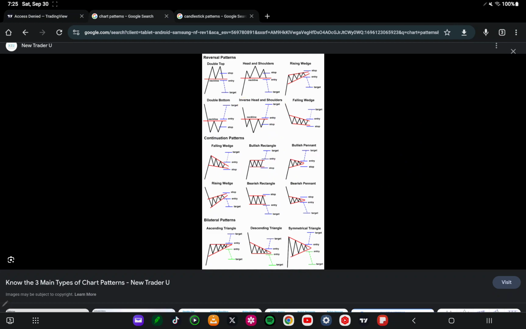So we can also talk about the rising wedge and falling wedge. I'm going to do another video on that, but let's just say the rising wedge is something like we have an impulse right here, then around a certain zone it's giving us a reaction like something like this.